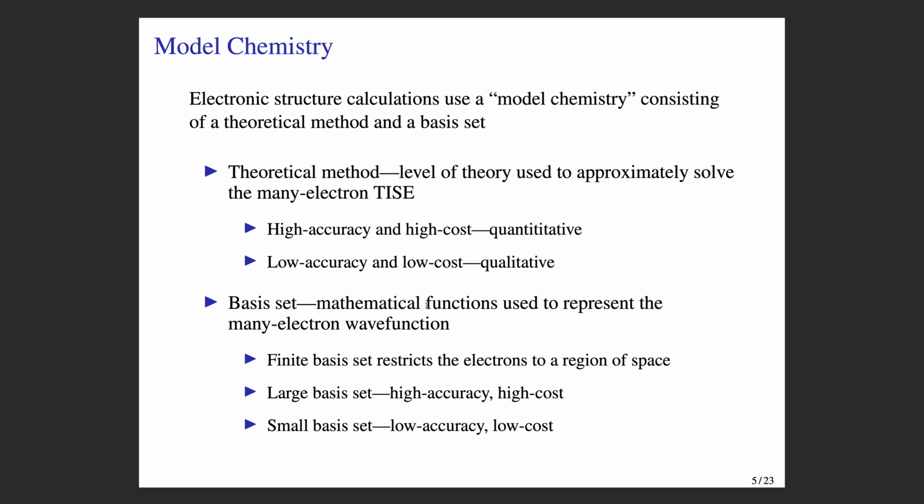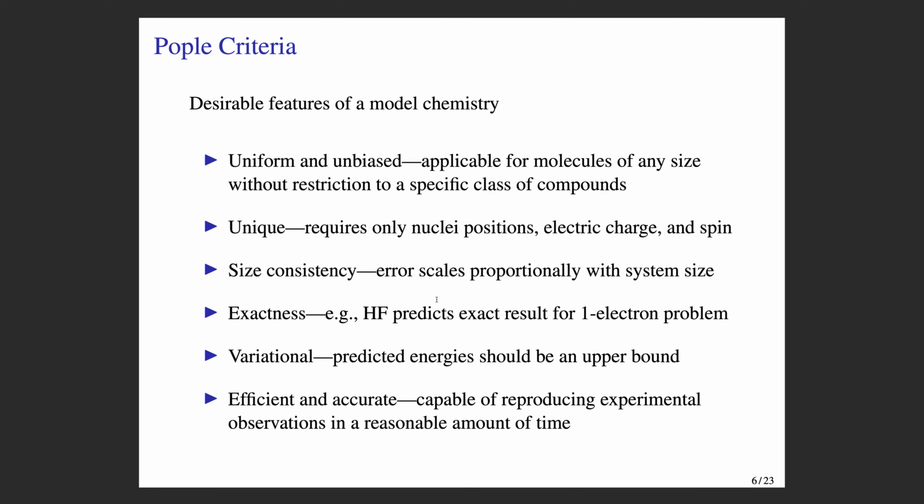Now, I think the next few slides elaborate on both the theoretical methods and the basis set. And so what's listed here are the so-called Pople criteria. John Pople was a rather famous computational chemist who designed many different electronic structure methods.